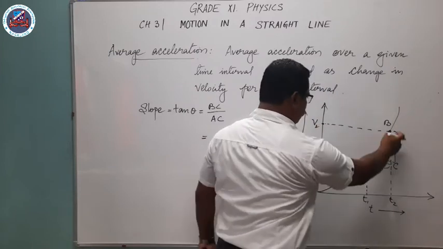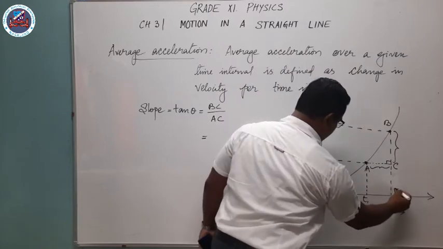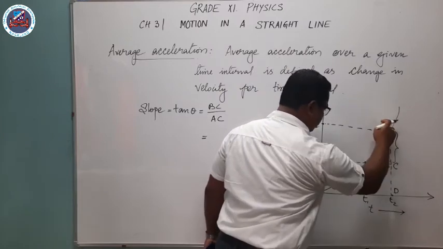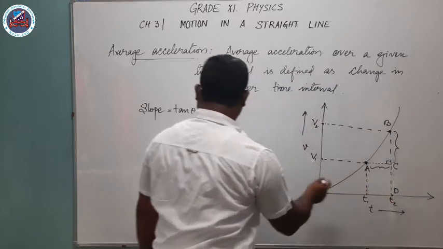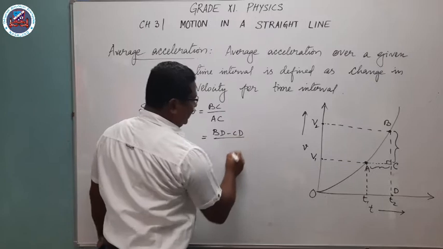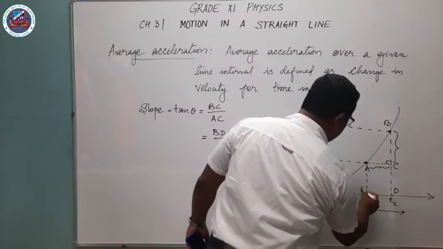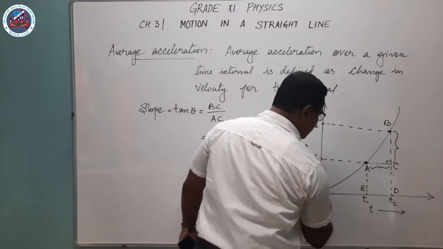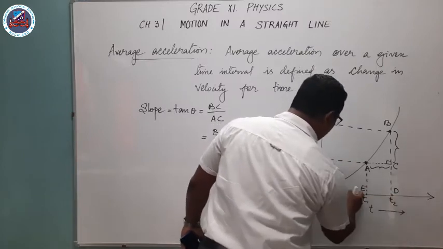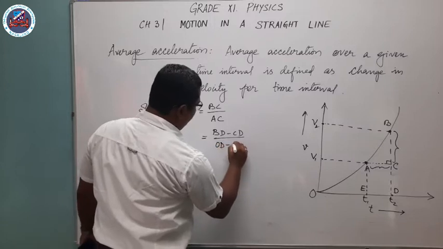That will be BC equals V2 minus V1. If I write this point as D here, it will be BD minus CD. And AC, if I mark this point as E, then it will be OD minus OE.